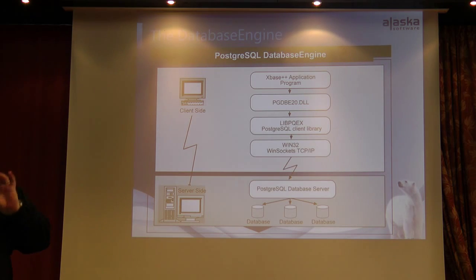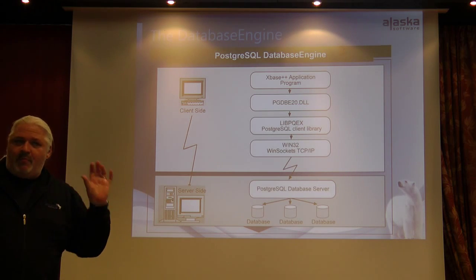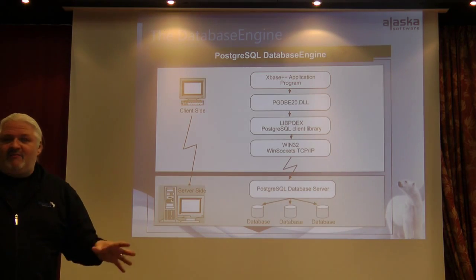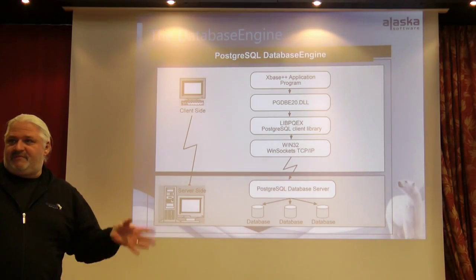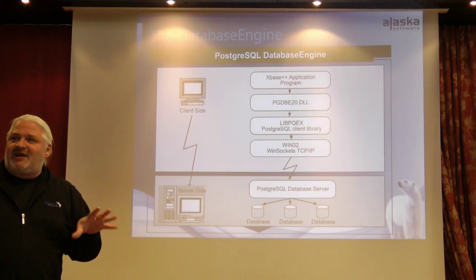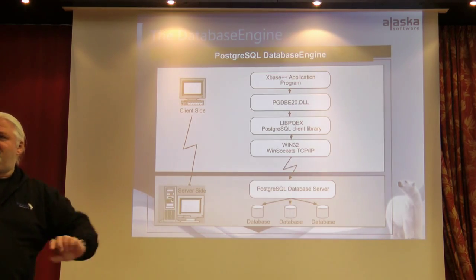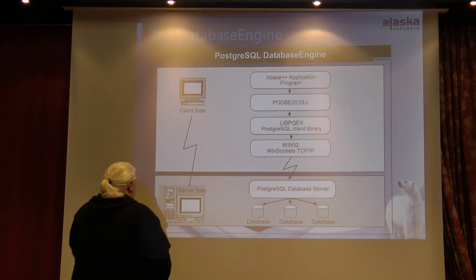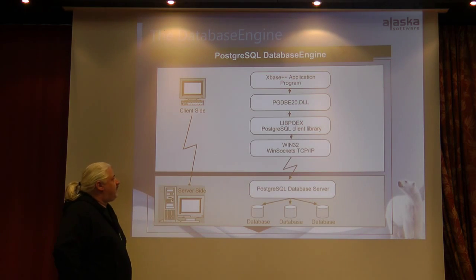So you need to use the installation packages provided by Alaska Software when you deploy your application in means of PostgreSQL. We're talking about the client side, not the server side. On the server side, the only requirement is that there needs to be a PostgreSQL server.